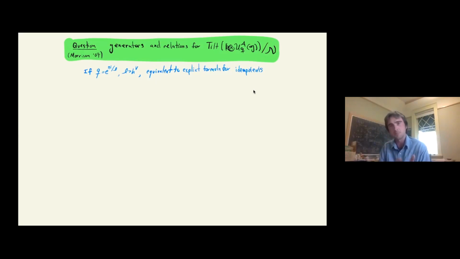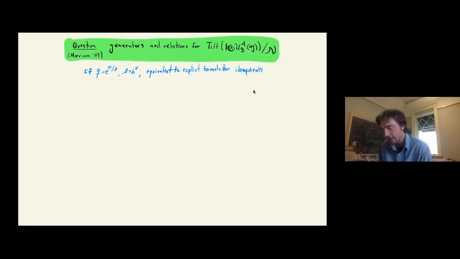This is a semi-simple category in general, and in the case I have here, where you're at a root of unity where the valuation of the root of unity is bigger than the Coxeter number, the problem of finding generators and relations for this semi-simple quotient is the same as finding explicit formulas for idempotents in the category.